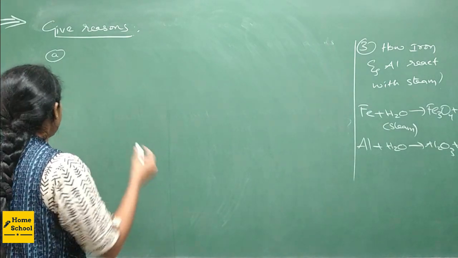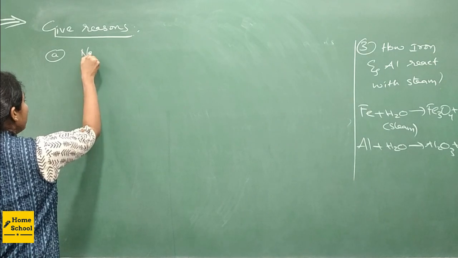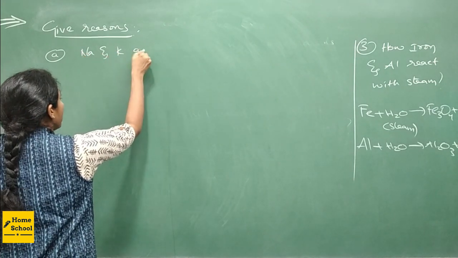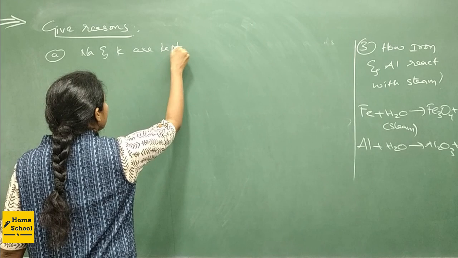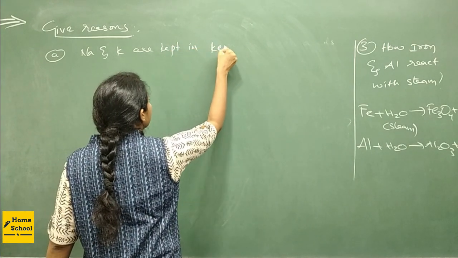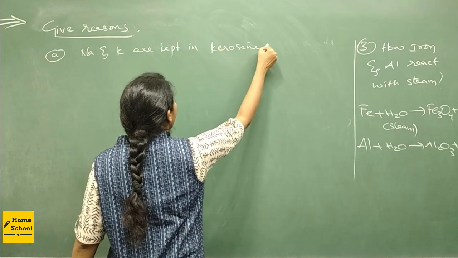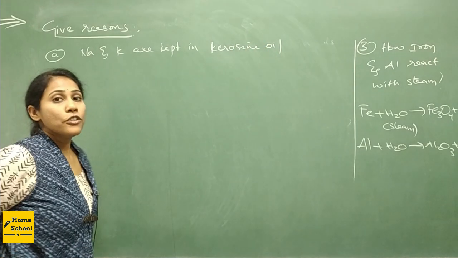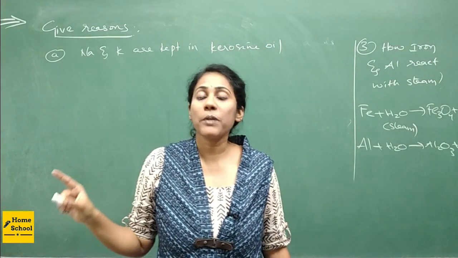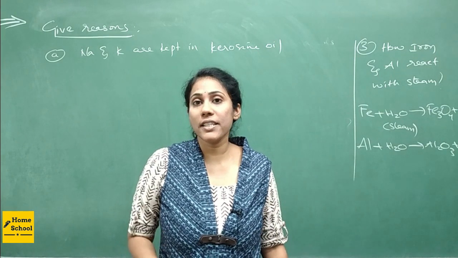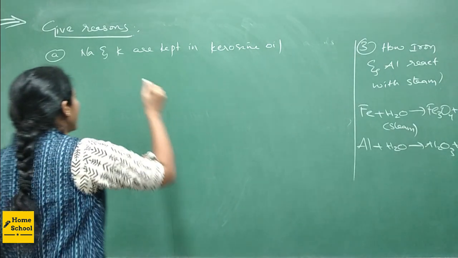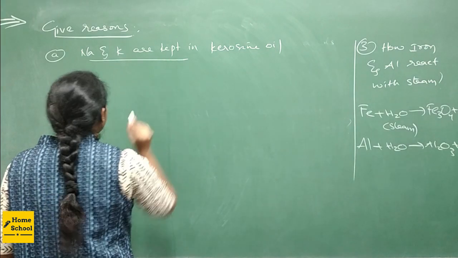They may ask you: sodium and potassium are kept in kerosene oil, give reason. We studied that sodium and potassium are always stored in kerosene. So what may be the reason? What answer will you write for this question?